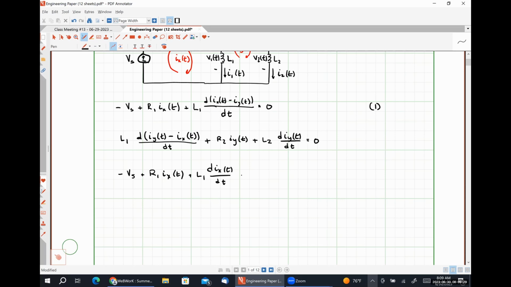And I'm going to move that L1 times the derivative of Iy with respect to time over here by itself. Actually, let's leave this as is right now. If I need to, I can move something over here in a minute. Okay. So this is just equation 1 rearranged.